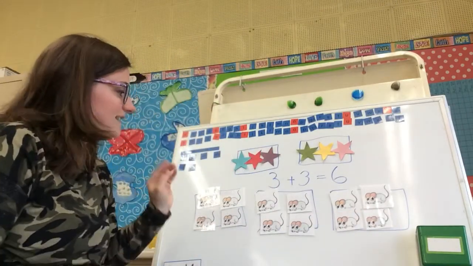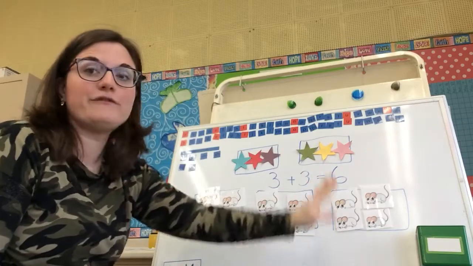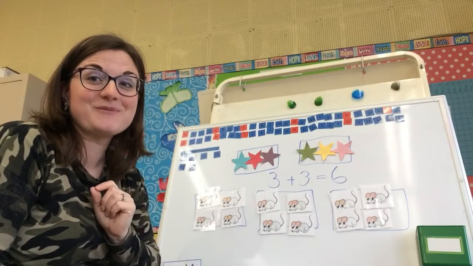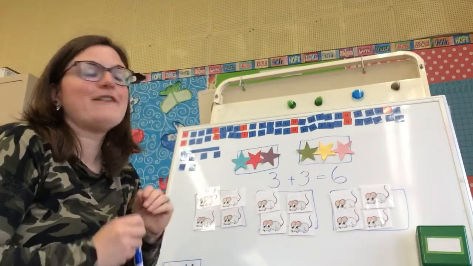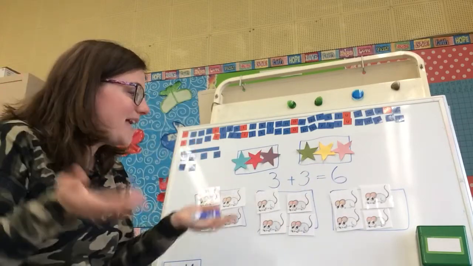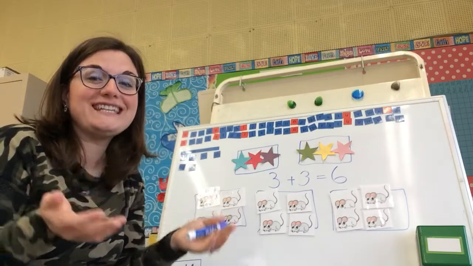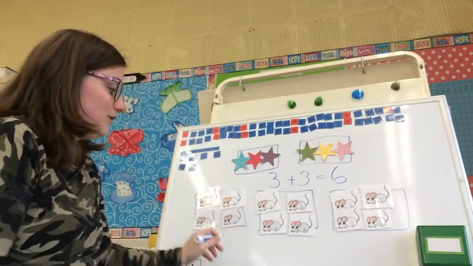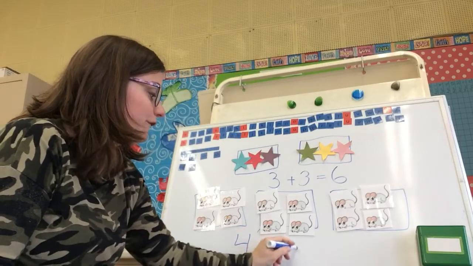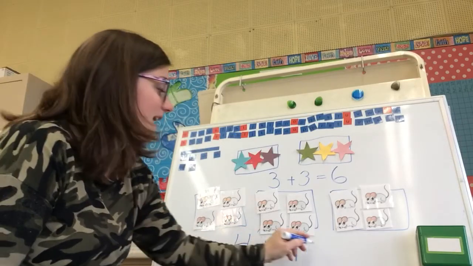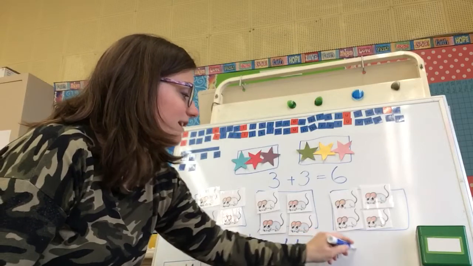Right, so would we say there's 4, 4, and 4? Would we say these are equal groups? Yes, because they all have 4. If I said, how many mice do we have all together? We would do 4 plus 4 plus 4.